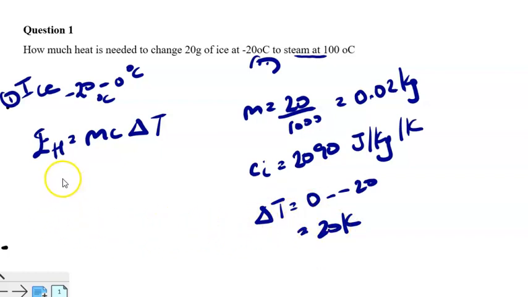So let's put that in to get the heat energy needed to raise the temperature of ice at negative 20 to 0. So that's going to be 0.02 times 2090 times 20, and we'll have that in joules.